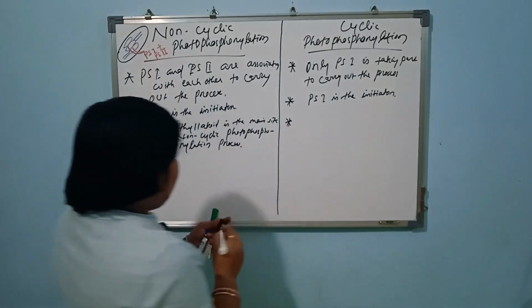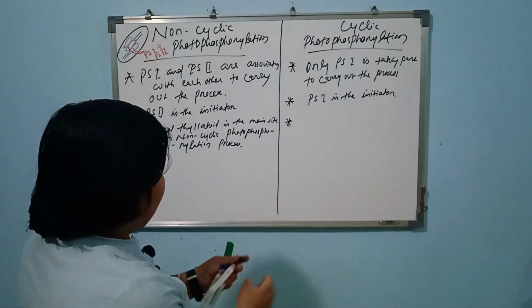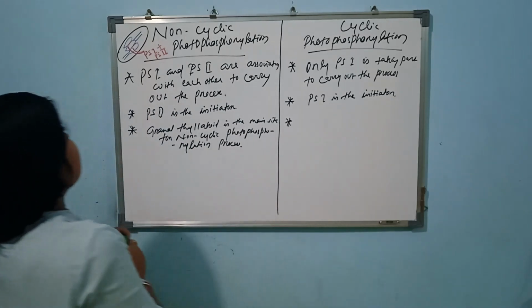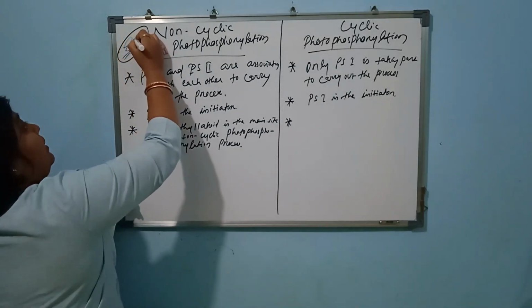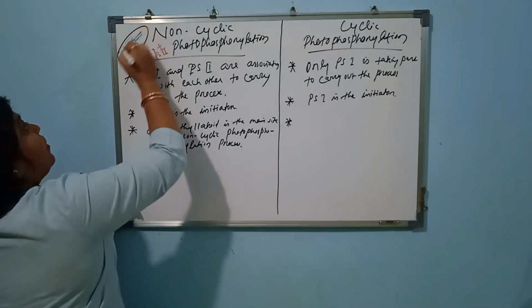But pigment system 1 you will find in the non-upraised part and in the stroma lamella.